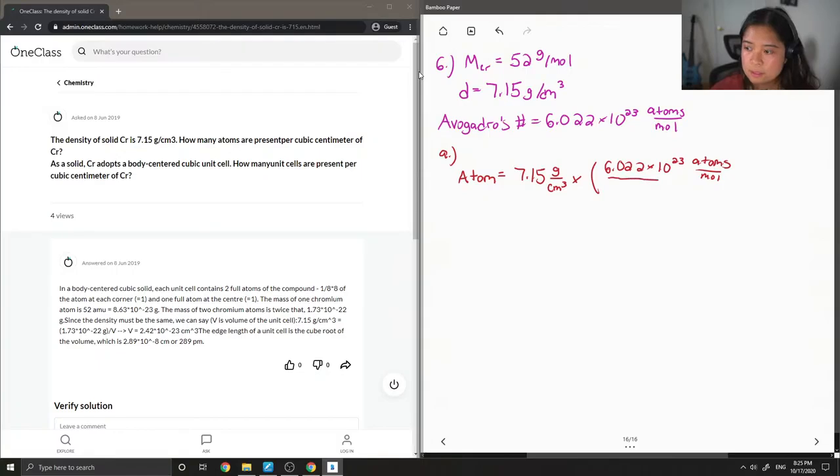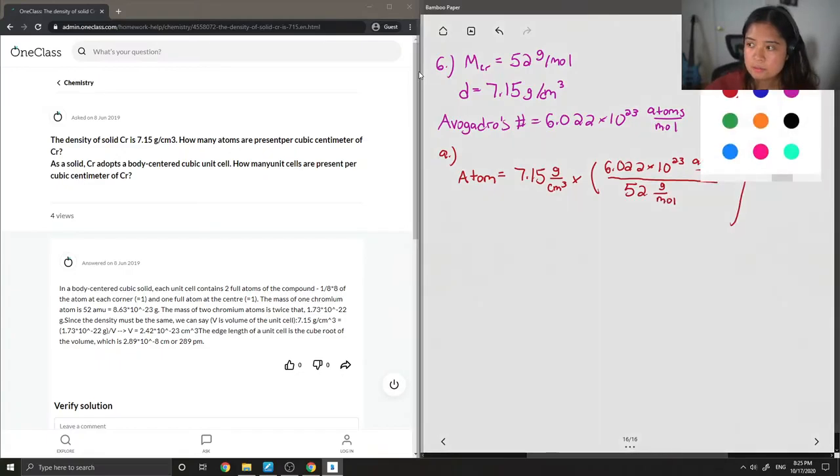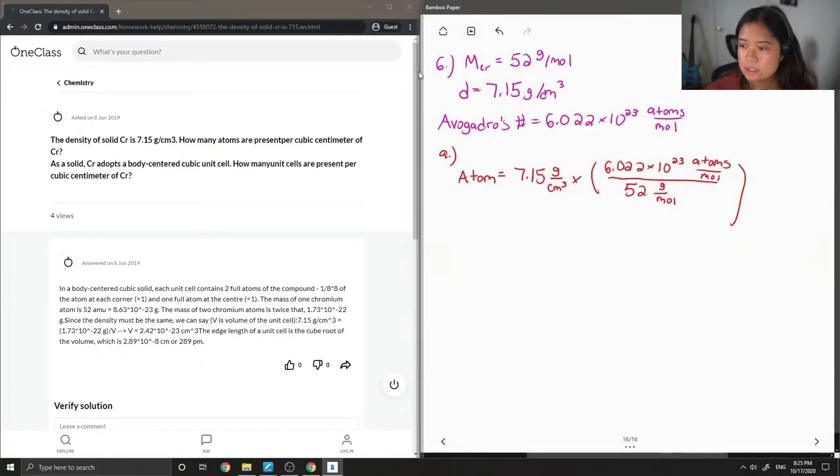And then that will be divided by the molar mass of chromium, so it was 52 grams per mole. If you pay attention to the units, they should all cancel out. Grams will cancel each other out, these moles will cancel each other out.